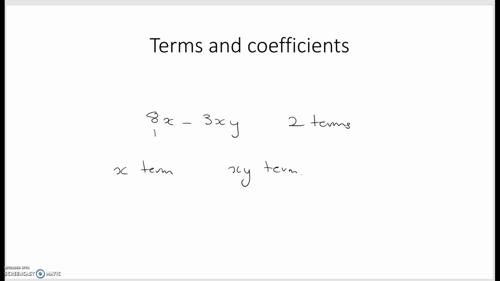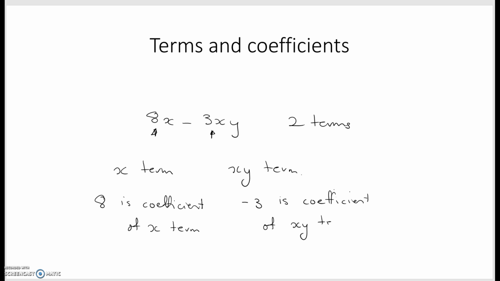Now, the numerals in each, this is a numeral, a number, they also have their own special name, so that 8 is the coefficient of the x term, and negative 3 is the coefficient of the xy term. So that's what we mean by a term or a coefficient.